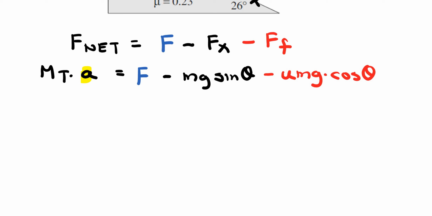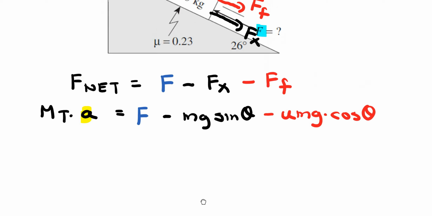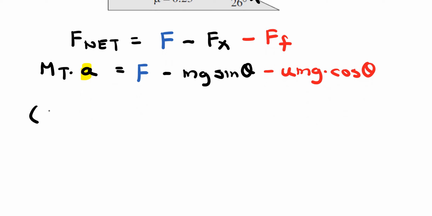So your total mass times 0 is simply going to be 0 on the left-hand side. So if I do this correctly, it's going to be the mass of the object, which is 15. So 15 times 0 equals the blue font force, minus mass times acceleration due to gravity times sine of the angle.